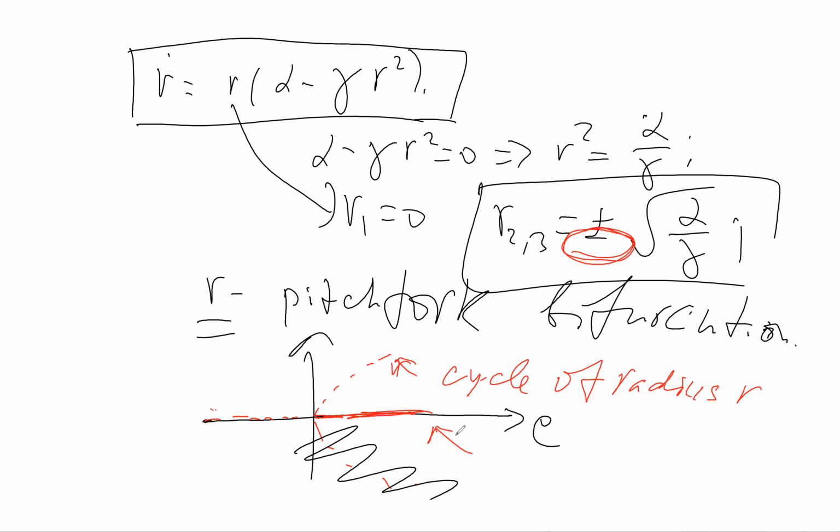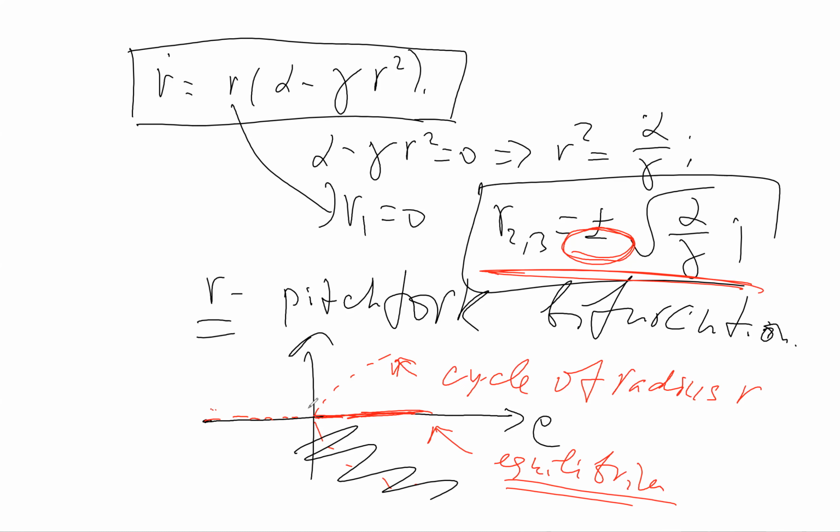So we have an equilibrium, at which the radius is 0. And then we have a limit cycle, and the radius of the limit cycle is given by this. If we had a subcritical pitchfork here, as I have plotted, this limit cycle will be unstable.